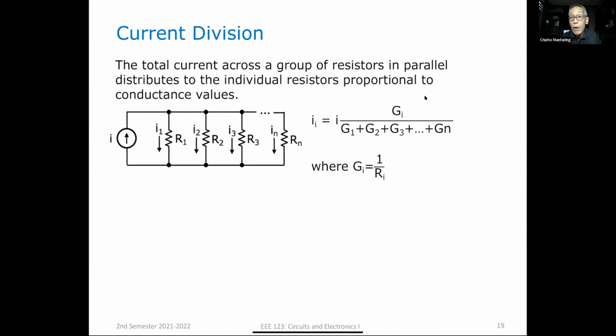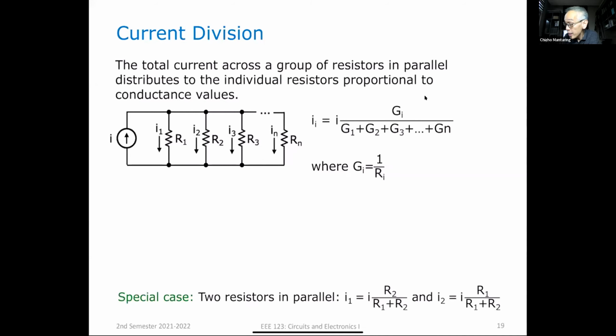If one resistor has a conductance that is twice a second resistor, then the current that will flow in that resistor will be twice that of the second resistor. Anyway, this is your formula. This is expressed in terms of conductance. Of course, you can get an equivalent expression in terms of resistance. You have a special case when you have two resistors in parallel. That's this.